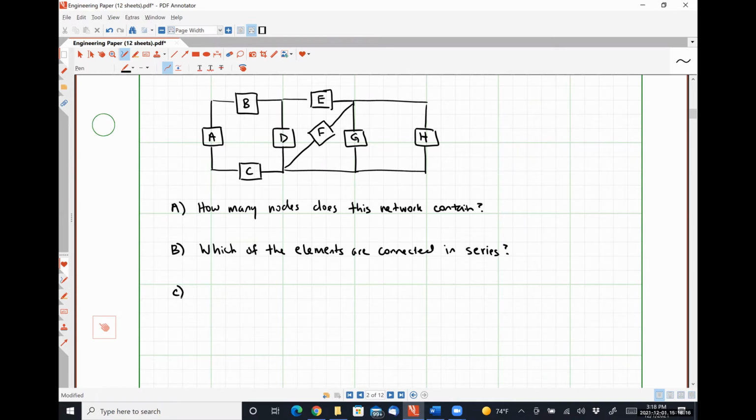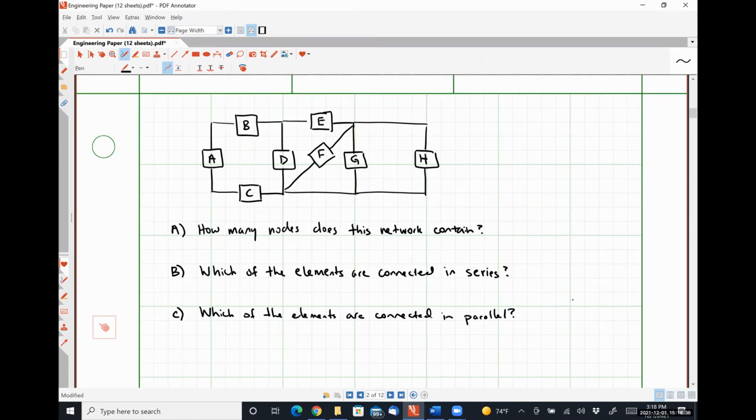And finally, I want to know which of the elements, if any, are connected in parallel.